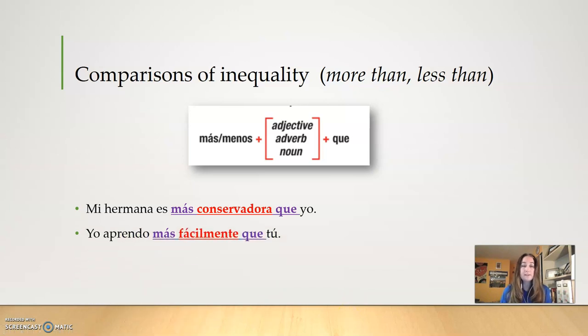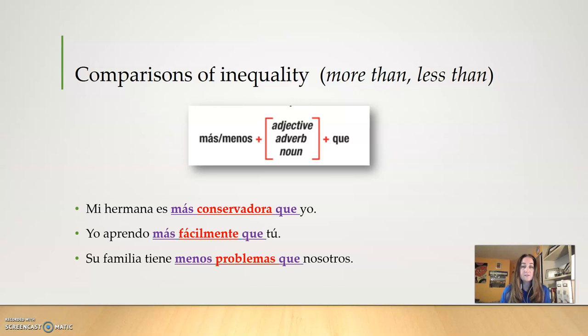Yo aprendo más fácilmente que tú. Más, followed by the adverb, followed by que. More easily than you. Su familia tiene menos problemas que nosotros. Menos, followed by the noun, problemas, followed by que.